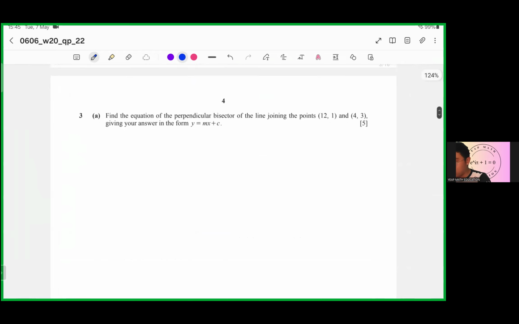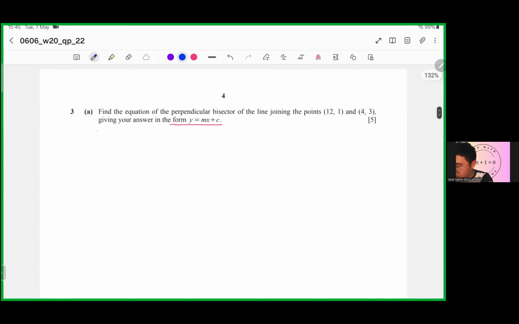Question 3a: find the equation of the perpendicular bisector of the line joining the points (12, 1) and (4, 3), giving your answer in the form y = mx + c. Now we start.